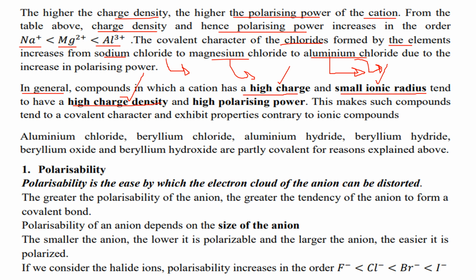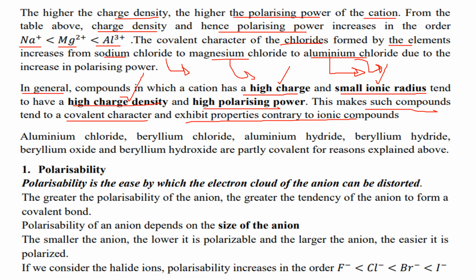So having those three factors is going to make the compound have a high polarizing power. And once there's a very high polarizing power within an ionic compound, it's going to make such compounds tend to have covalent character. And therefore, we expect such ionic compounds to exhibit properties that are contrary to ionic compounds, or properties that are similar to covalent compounds.